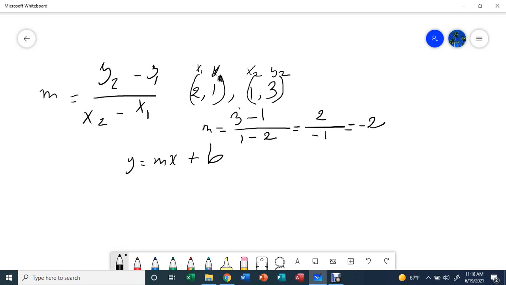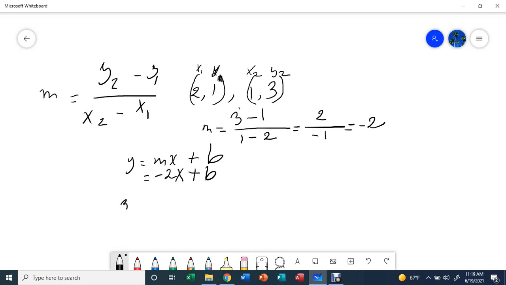So we already found the slope is negative 2, so y equals negative 2x plus b. Now I can use any point. I can use (2, 1) or (1, 3), doesn't matter. I'm just gonna use the point (1, 3). That means y equals 3 and x equals 1.